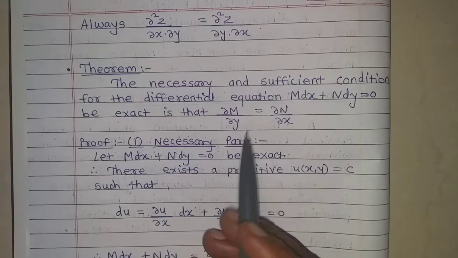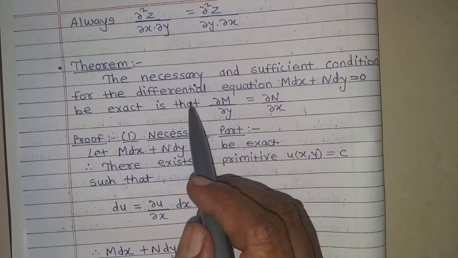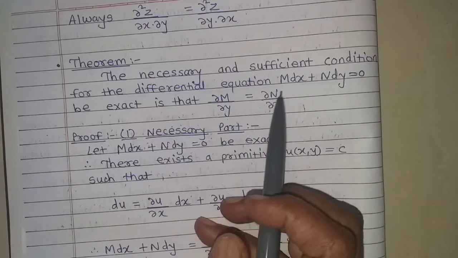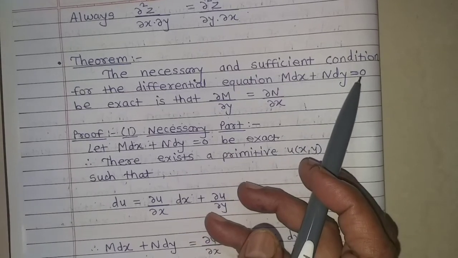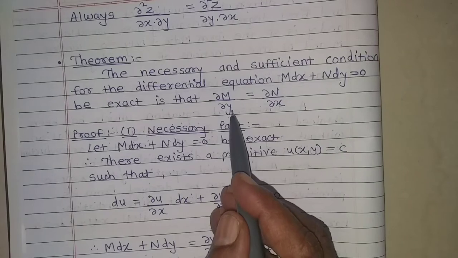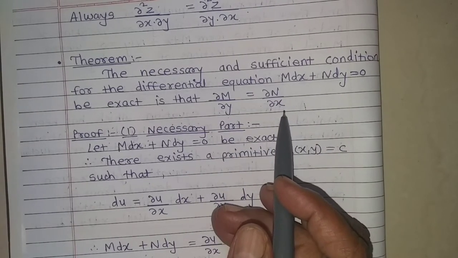That is one objective question that can be asked: the necessary and sufficient condition for the differential equation m dx plus n dy equal to 0 is dash dash, that is del m by del y equal to del n by del x.